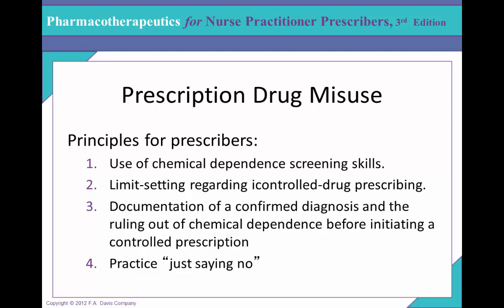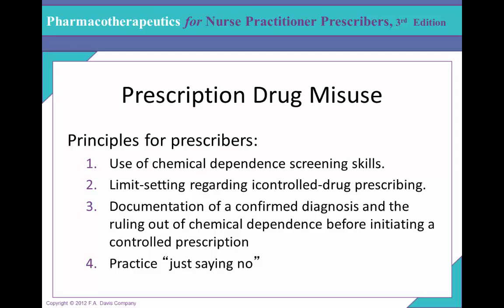Avoid being pressured to prescribe. Many patients come to the office expecting that they will be leaving with a prescription. If it's not indicated based on your good assessment skills, be firm and say no medication is indicated.